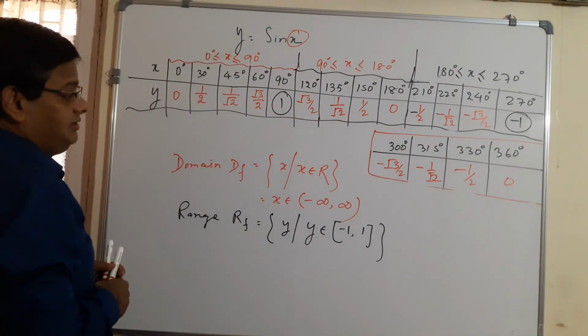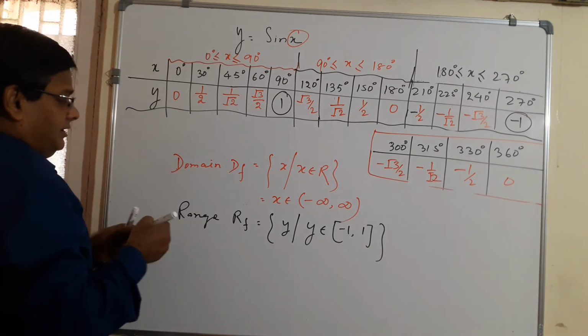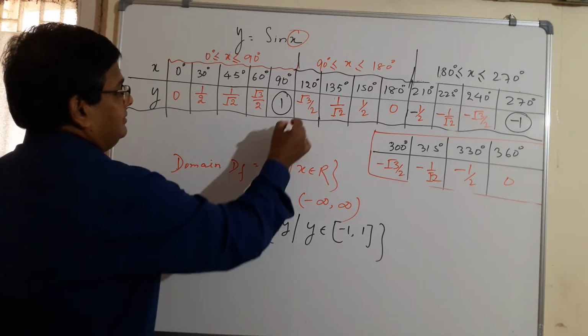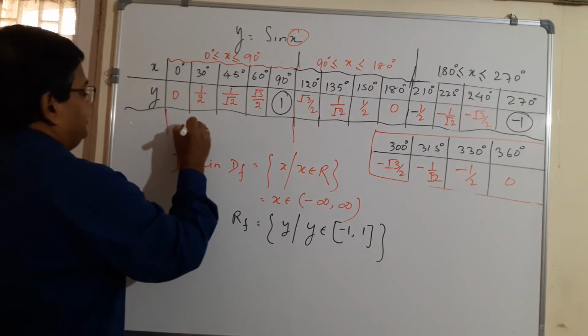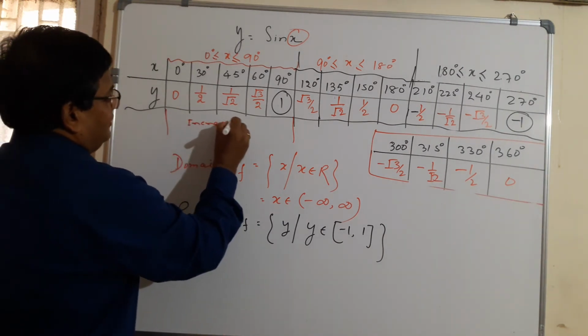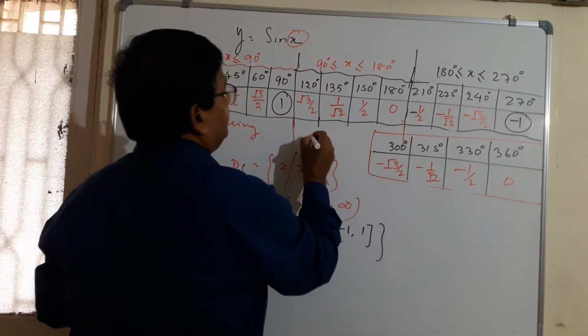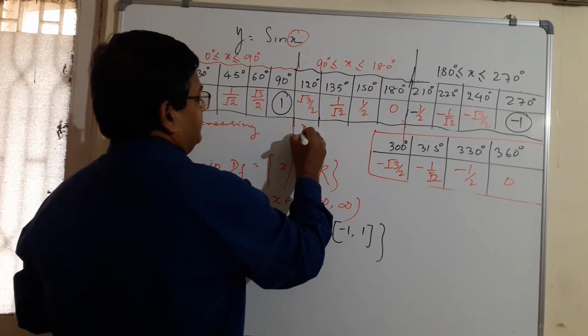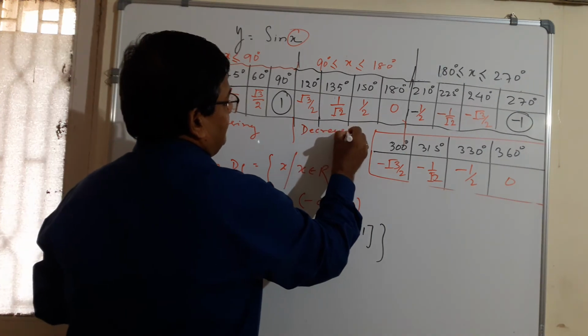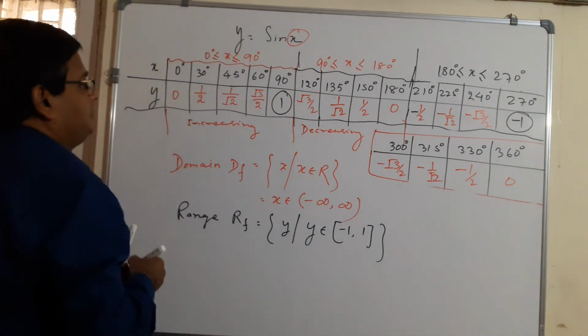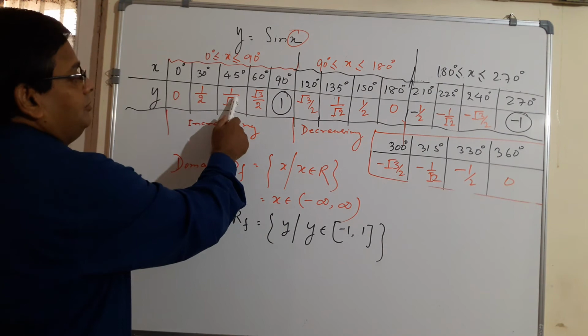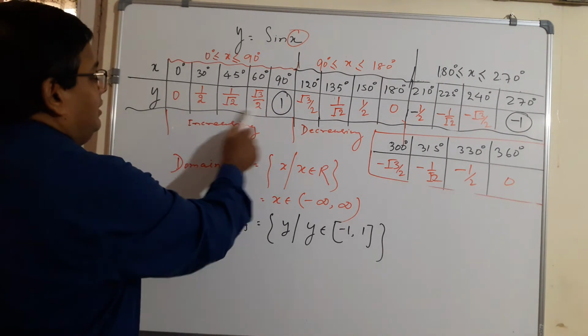Now you can see here, in the first quadrant the graph is increasing. In the second quadrant, the value is decreasing. See here, 0, 1 by 2, 1 by root 2, root 3 by 2, 1. So increasing.